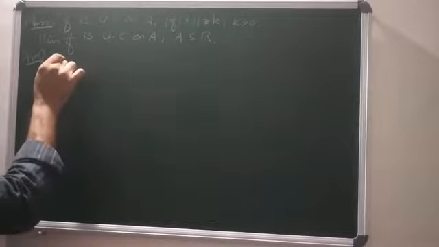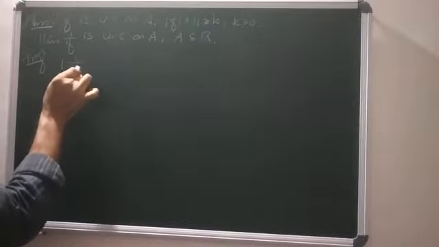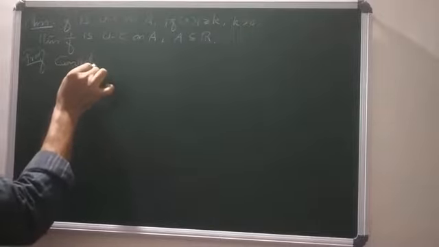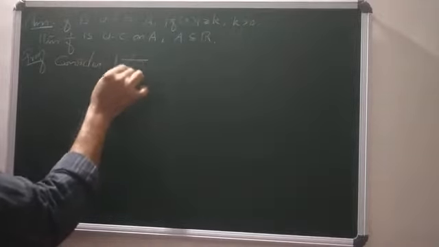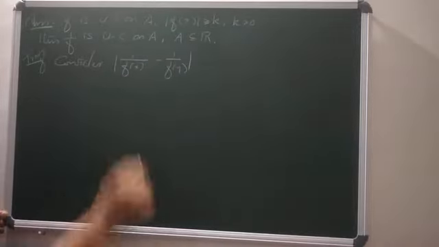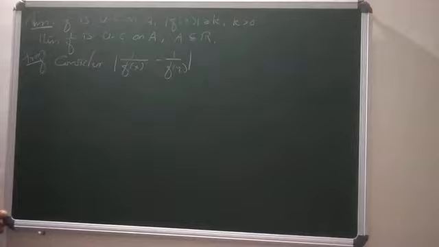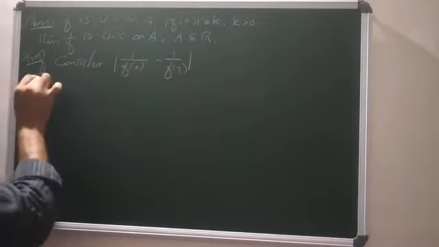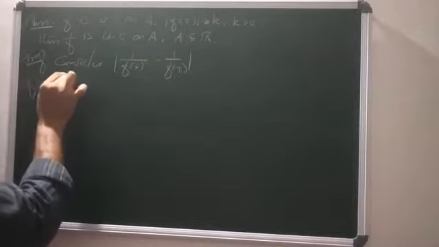In order to prove 1 by f is uniformly continuous, we consider modulus of 1 by f of x minus 1 by f of y, provided modulus of x minus y is less than delta.